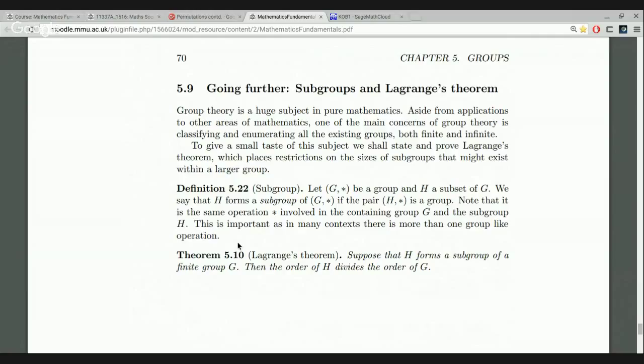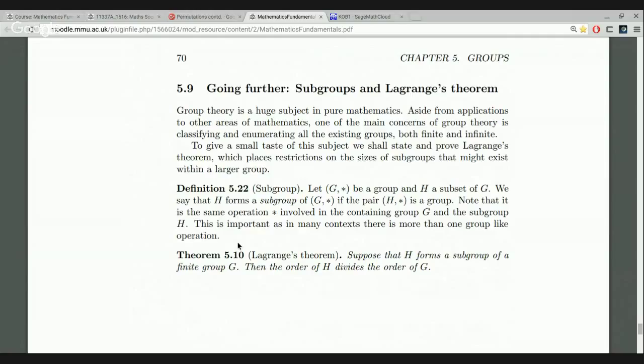It's a statement about every single group, every possible algebraic system which satisfies the group axioms. And it's really simple to state, and it links into number theory in a way, because it's talking about factors of numbers, which is what we study in number theory.